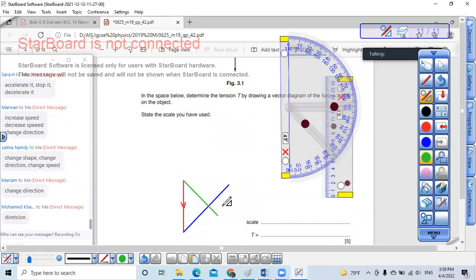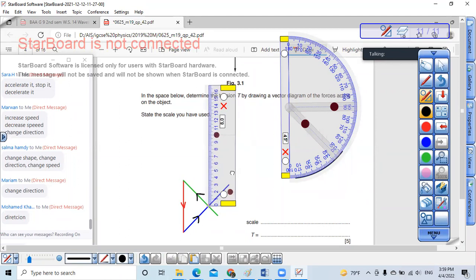Now the point of intersection will show me the direction of the tension forces. So we have a tension force in this direction and another tension force in this direction. That's how it's our forces. We have to use the ruler. One of the questions: do we always have to make a triangle? Yes, you always have to make a parallelogram or a triangle.